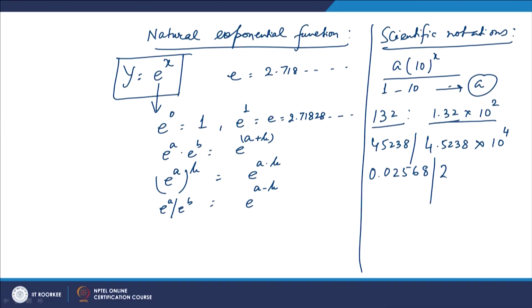You are moving it to the right by 2 places, so it becomes 2.568, and since you are moving the decimal 2 places towards the right, you will have 10 raised to the power minus 2. So this way we normally represent these scientific notations by moving the decimal point towards the left or towards the right.